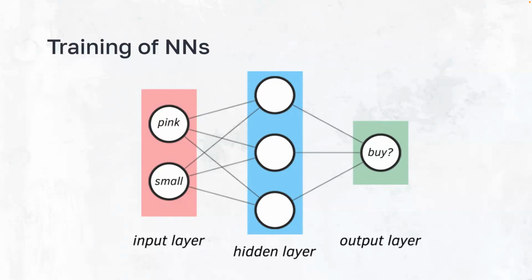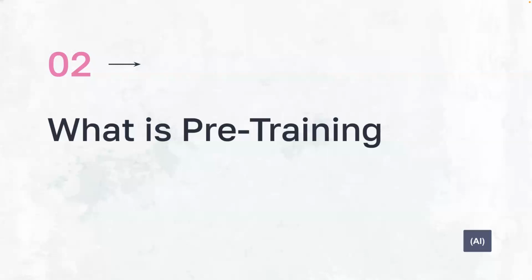For example, you find something that's pink and small, and you pass it through the hidden layer, and it gives you not buy, that's what the model thinks, but you actually bought it. So there's a slight difference, and you go back and change the weights in the hidden layer to predict buy. You do this for a lot of examples, to a point where you feel your model is doing well. That was a quick and very high-level overview of what neural networks are.